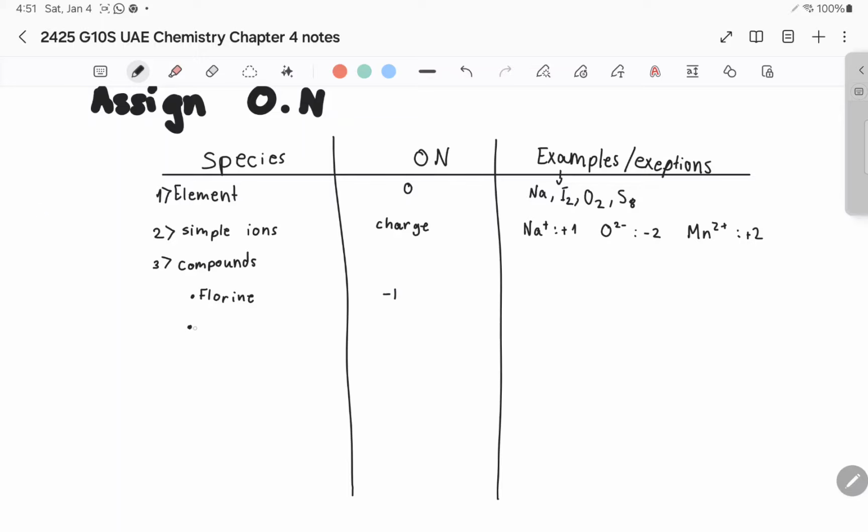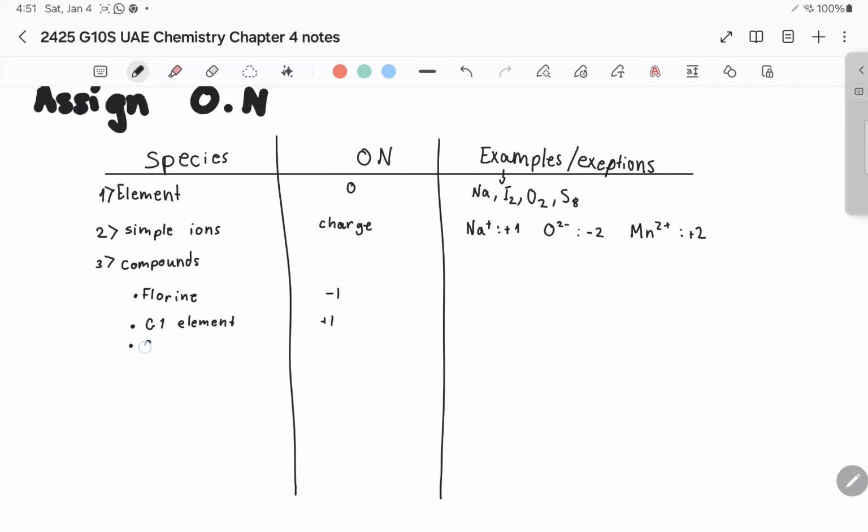If you have any group 1 element, it's +1. If you have a group 2 element, it's +2. If you have aluminium that's in group 3, it's going to be +3.